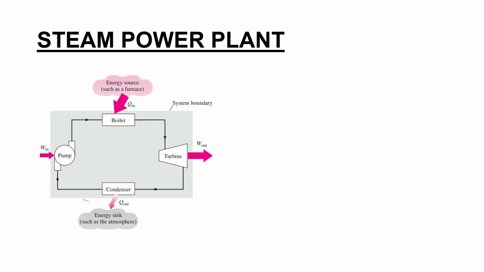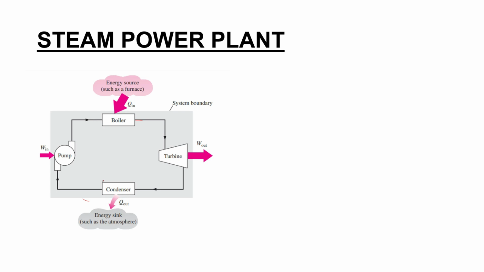High speed steam passes through the turbine. From the turbine you are extracting work, that is W out. During this process some of the steam condenses, and the rest of the steam passes through the condenser, where it will be totally condensed. Energy is released to the energy sink, such as the atmosphere or a lake, because this is another thermal energy reservoir.